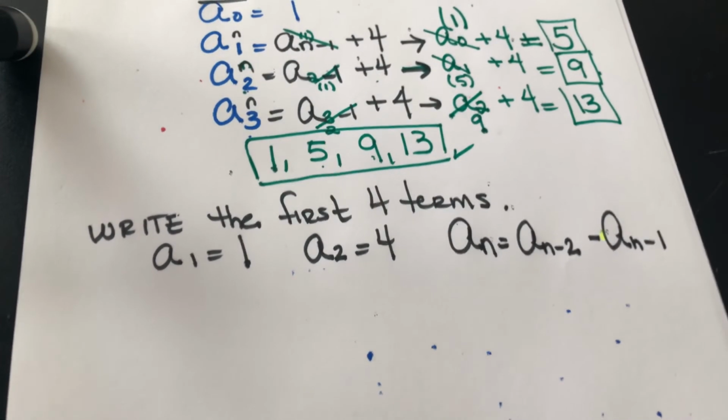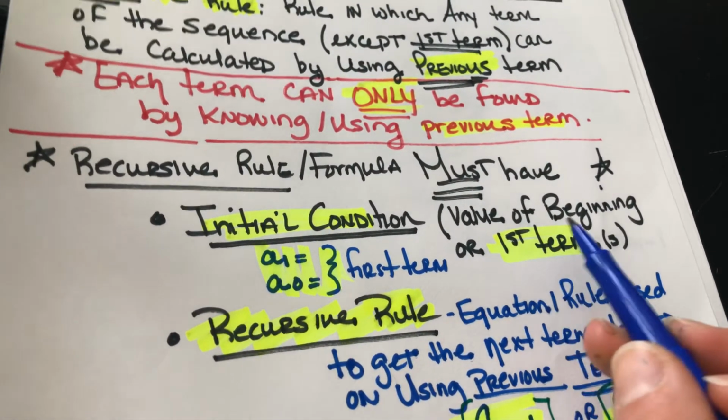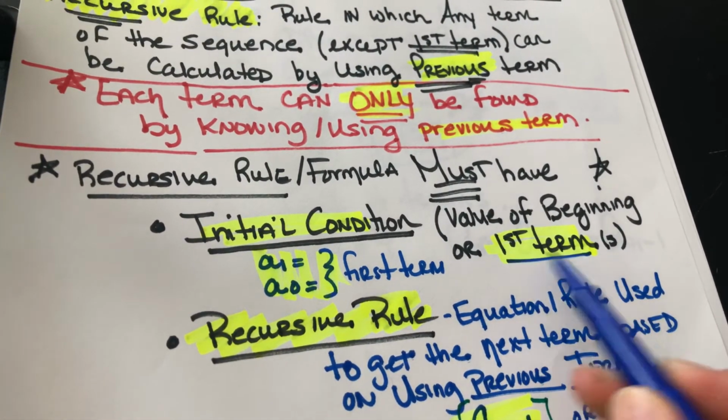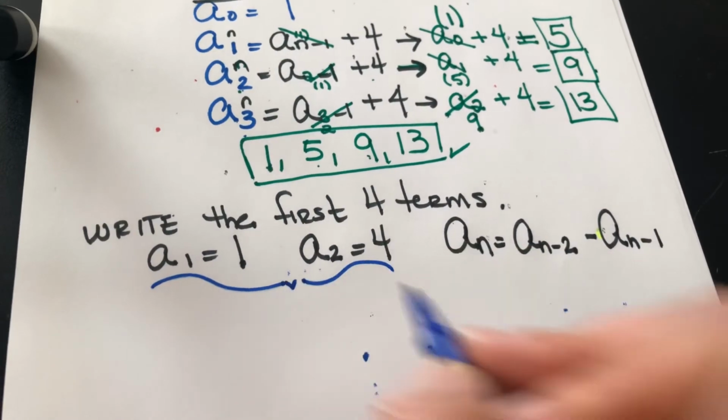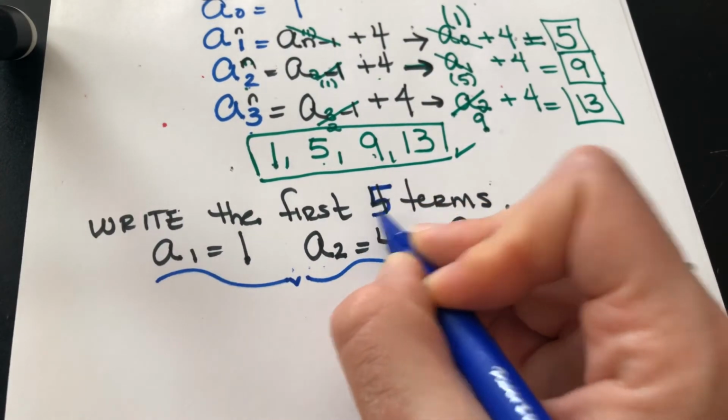If you remember, in the beginning, I told you that the value of the beginning, your initial condition, can have the first term or terms. So I can give you more than 1 term. Here I gave you, so let's change this to actually find me the first 5.